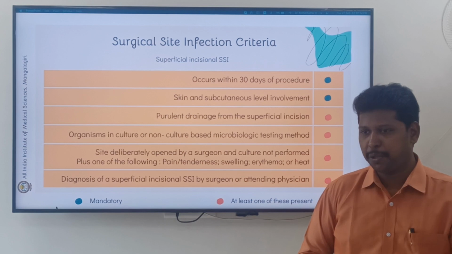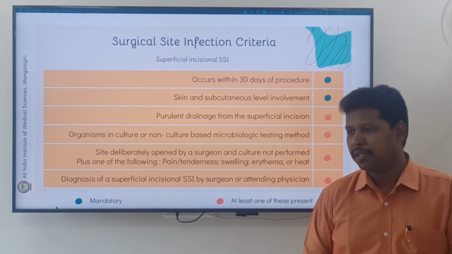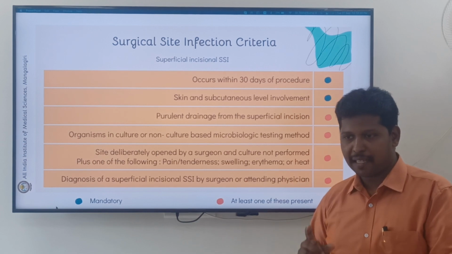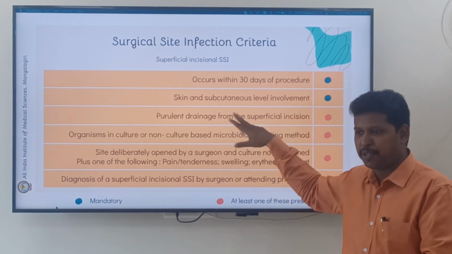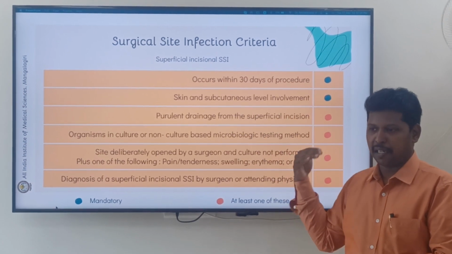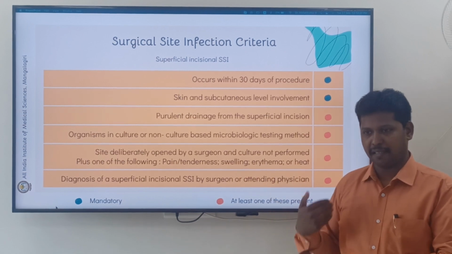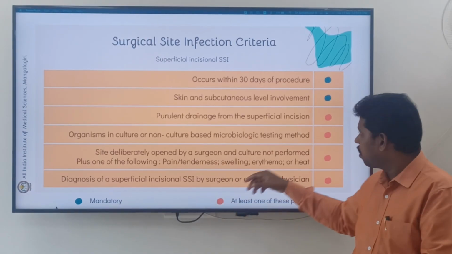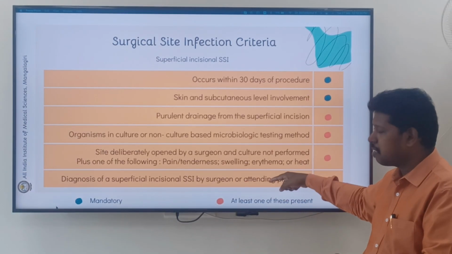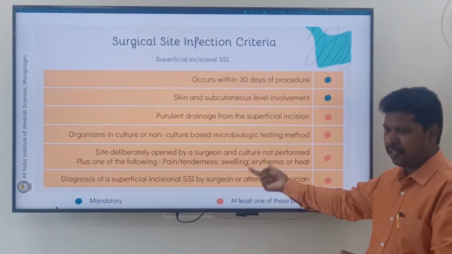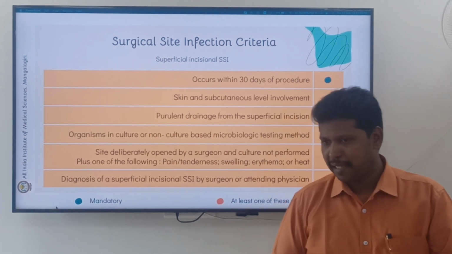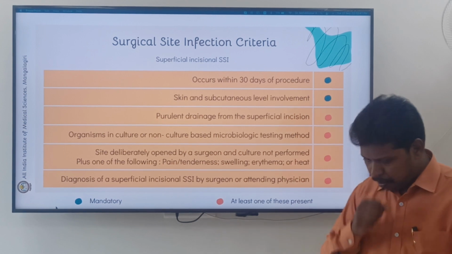They have the right to diagnose and report the infection as a superficial SSI. Surgeons have the right to report only this superficial one. They can't report deep or organ space SSI on their own. If these two things are fulfilled and the surgeon is saying it is superficial SSI, it can be documented or reported as superficial incisional SSI. So this is the criteria for superficial.